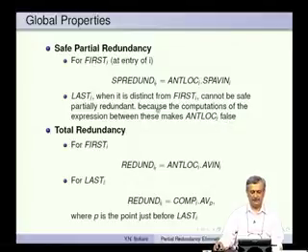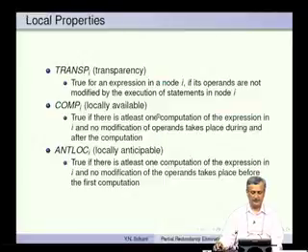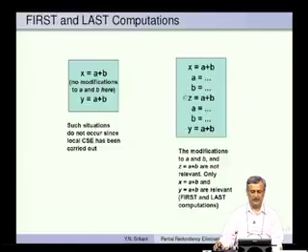So, you see we have the first and last computation here. We are really looking at first and last being very different. If they are the same, there is no problem at all. If they are different, that means after the first computation there have been modifications of the operands. Therefore, this computation needs to be present, this is not at all redundant, whereas the first can be redundant because there could be something available from the top.